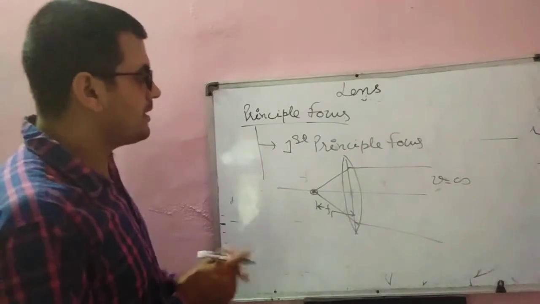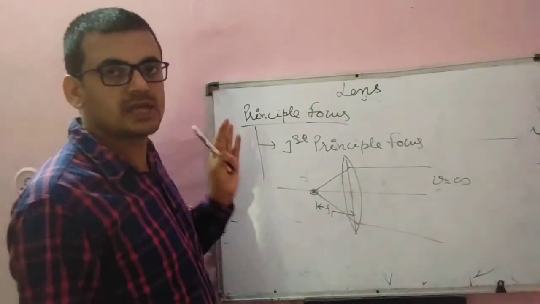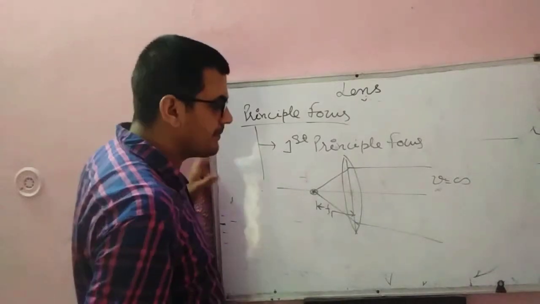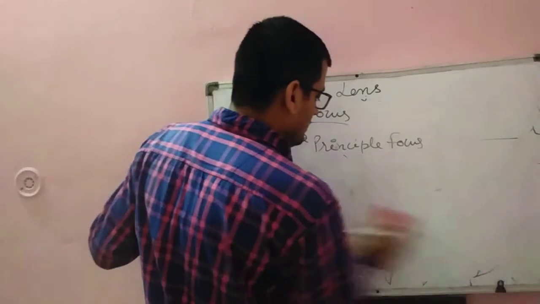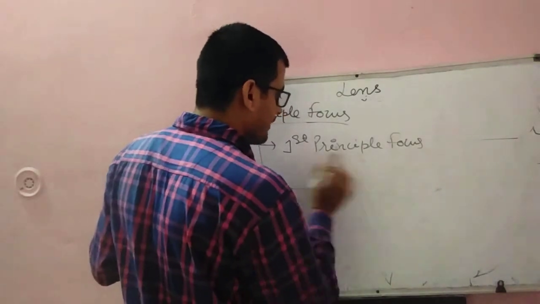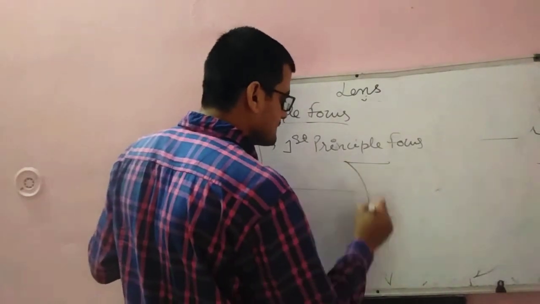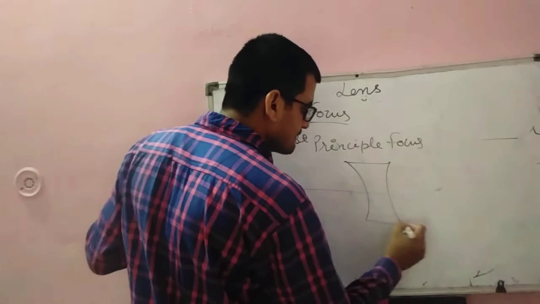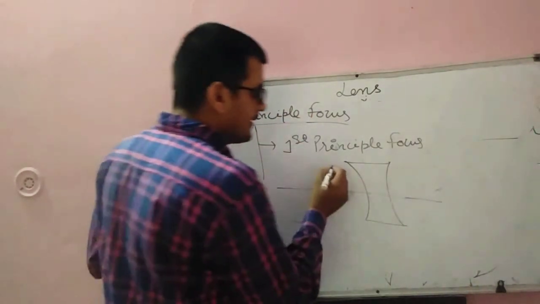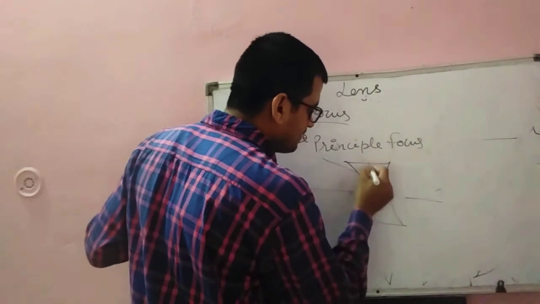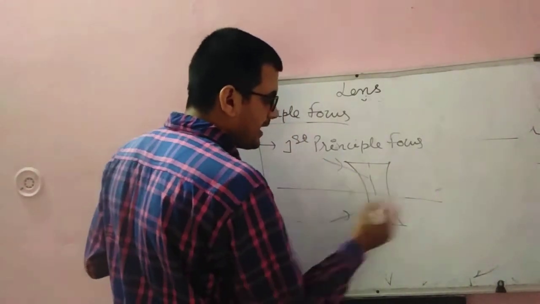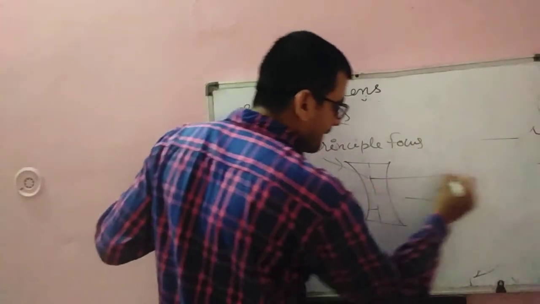Another one is the second principal focus. Student, how will we draw this diagram for concave lens? Like this, rays of light meeting at focus.